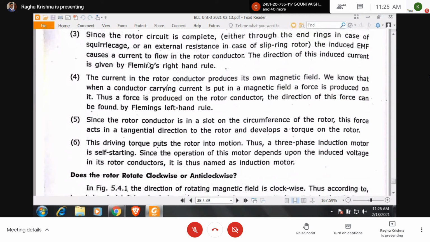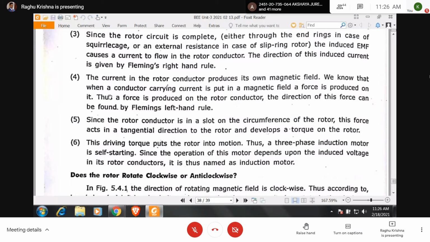So here, finally, due to EMF induced in the rotor circuit, current will be flowing in the rotor conductors. The current in the rotor conductors produces its own magnetic field. Okay, whenever there is a current flow, there will be a magnetic field.